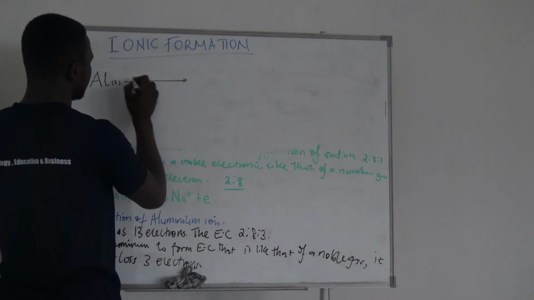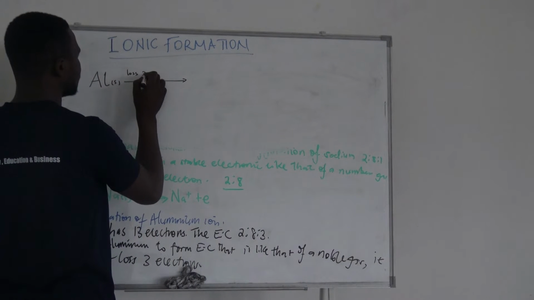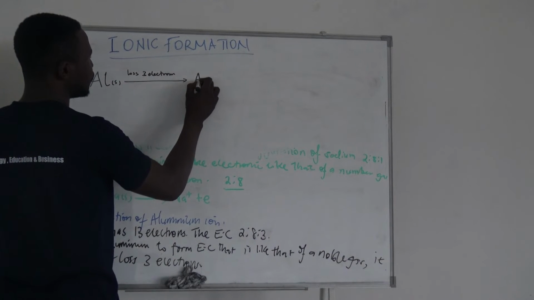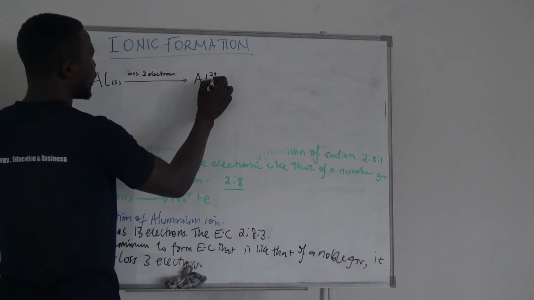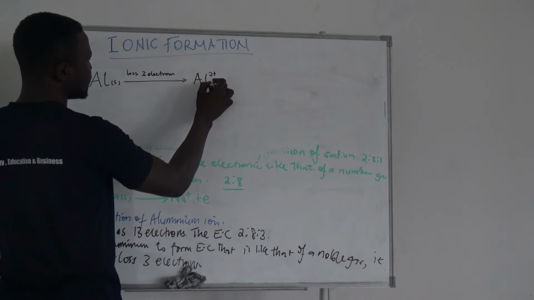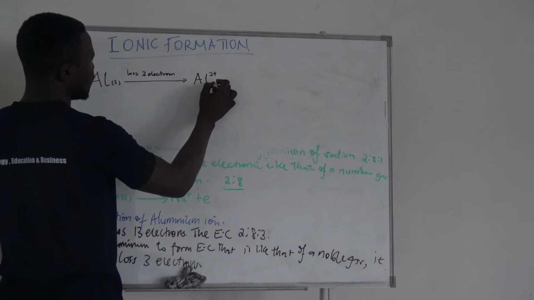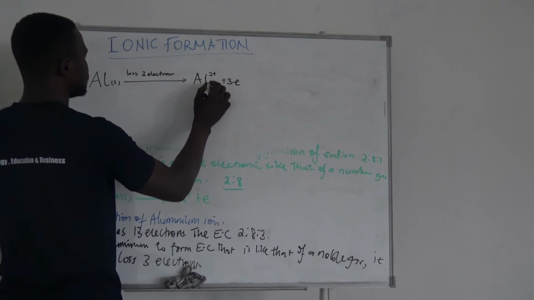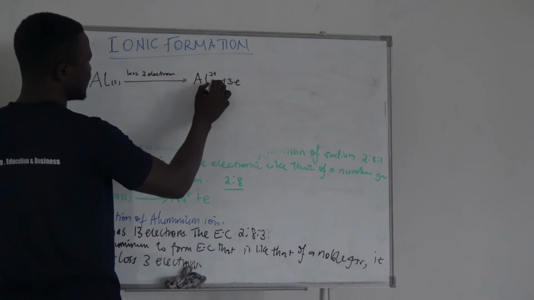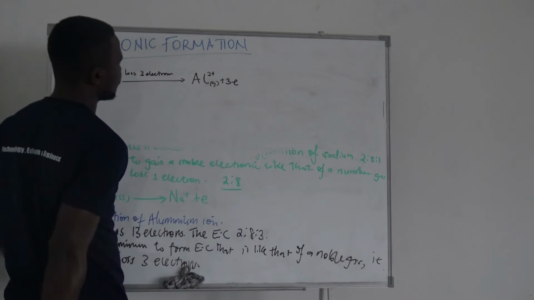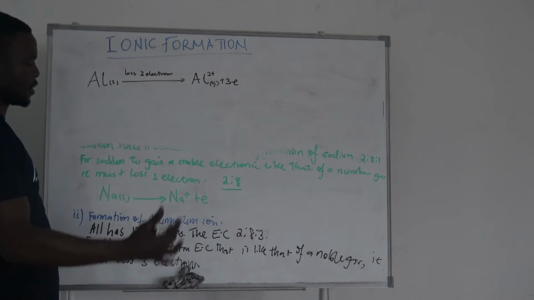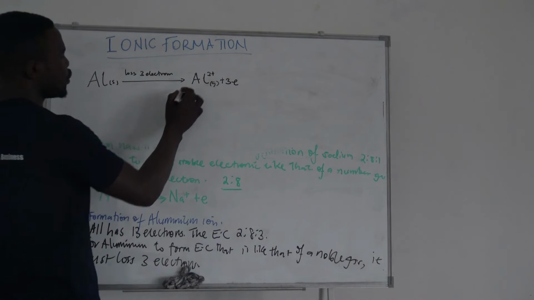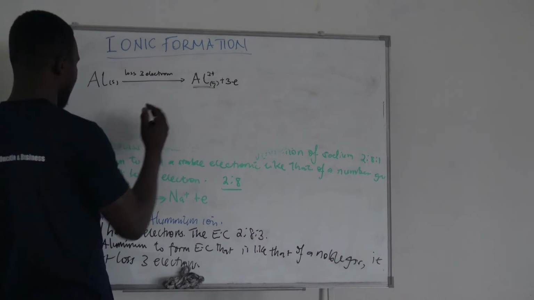It loses 3 electrons, so it becomes positively charged. So this is the aluminium ion.